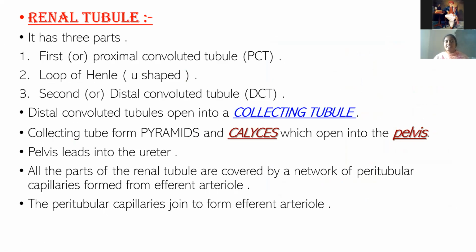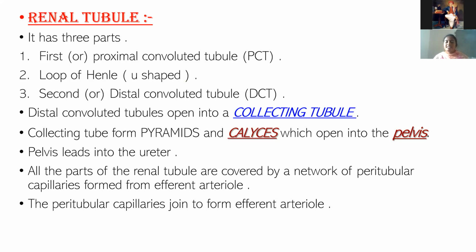The next part is the renal tubule. It has three parts. Number one is the first or proximal convoluted tubule, or PCT. Second is the loop of Henle, a U-shaped part through which the primary urine passes to the DCT. Third is the second or distal convoluted tubule, or DCT.